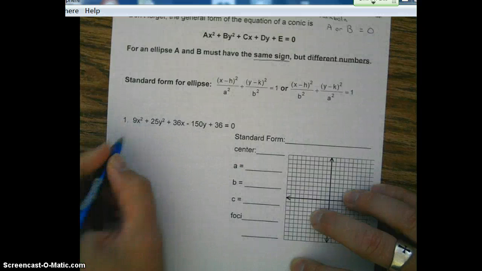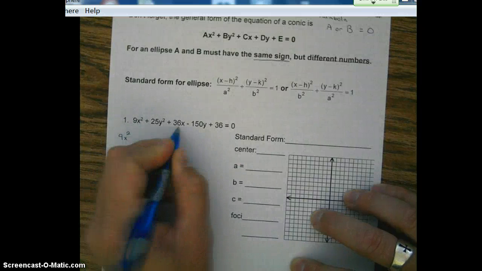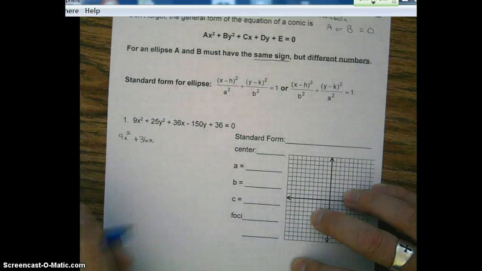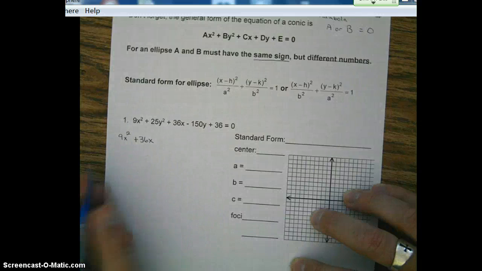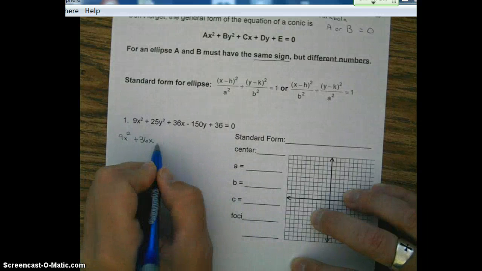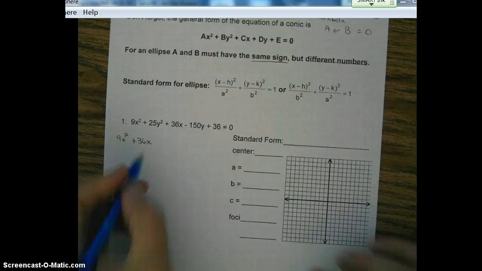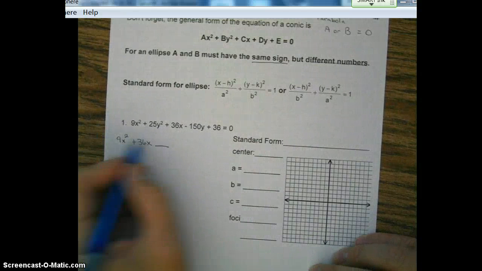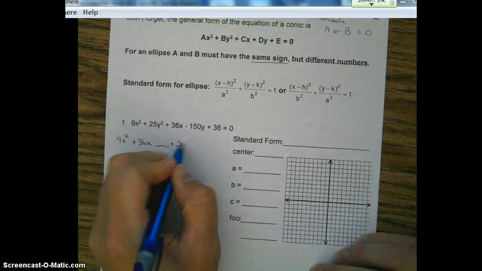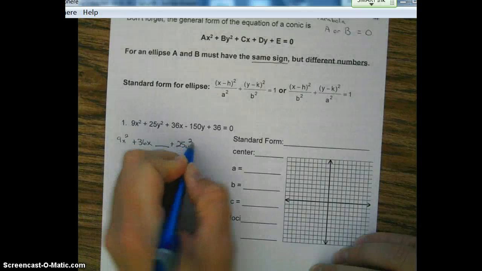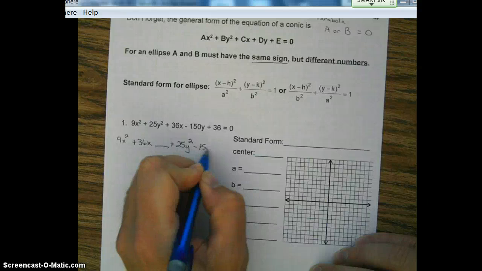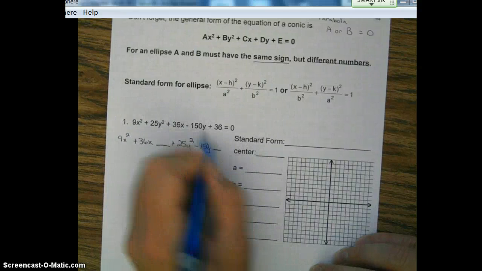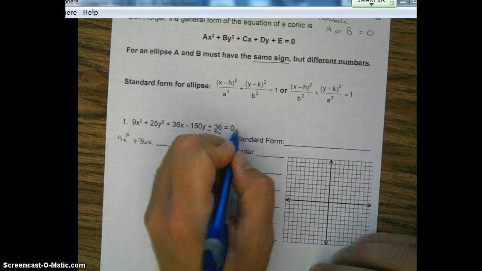So we have our 9x squared plus our 36x. Completing the square, grouping the y terms together. I'm going to move that 36 to the other side.